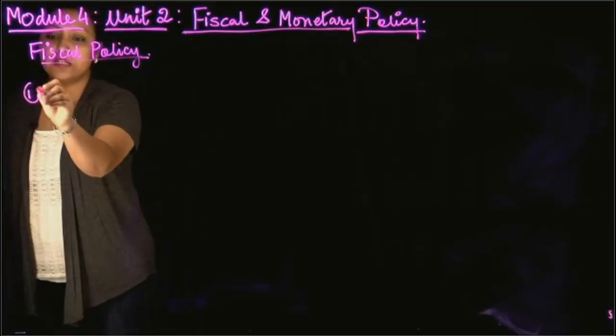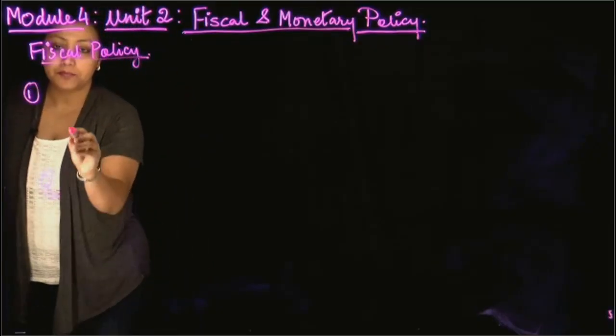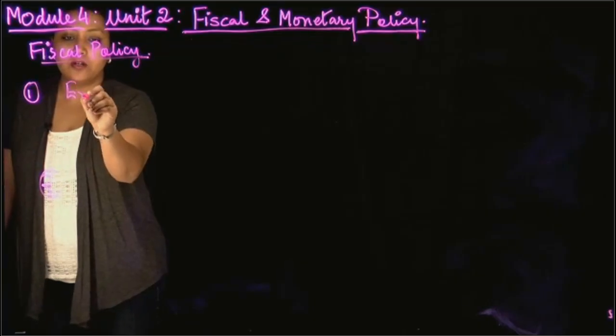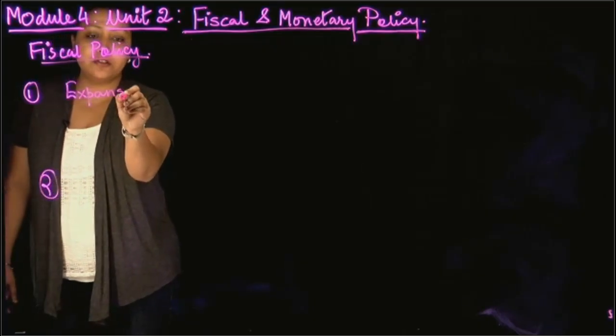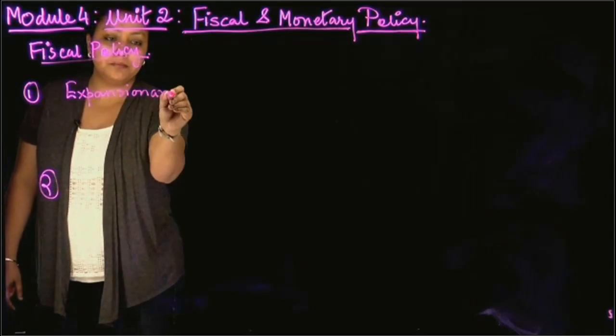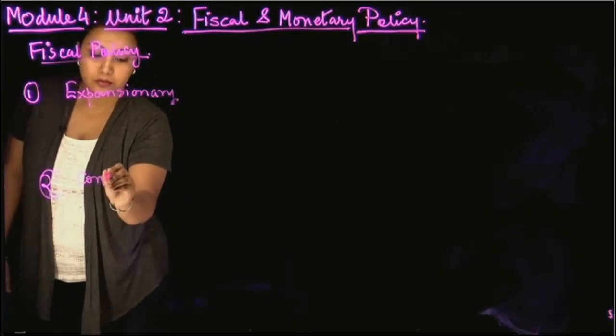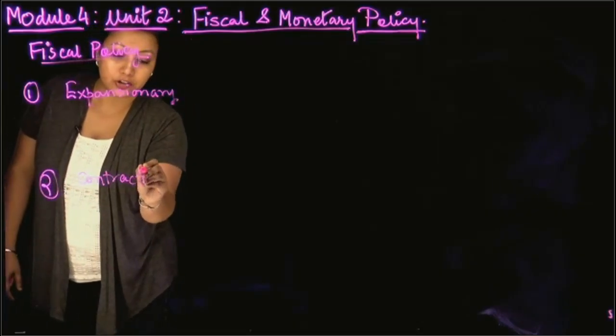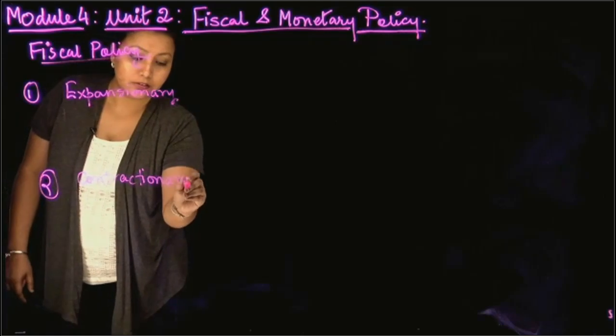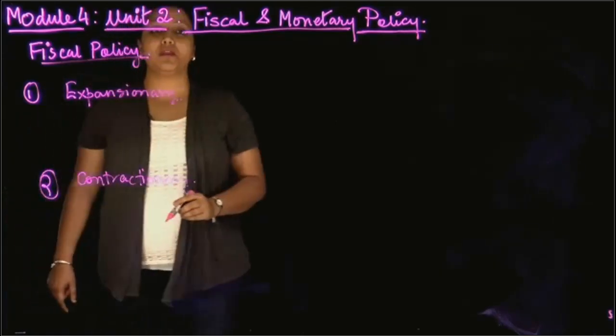Now fiscal policy can be two types: the expansionary fiscal policy and the contractionary fiscal policy.